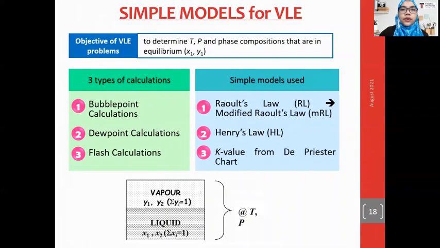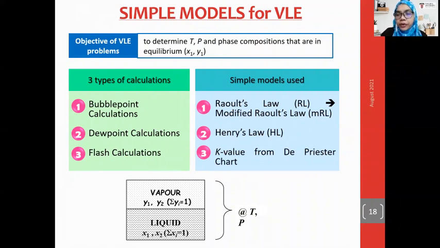Let's proceed with the simple models, our last topic in this part. The objective of a vapor-liquid equilibrium problem is to determine the temperature, pressure, and phase compositions that are in equilibrium. There are three types of calculation: bubble point, dew point, and flash calculation.